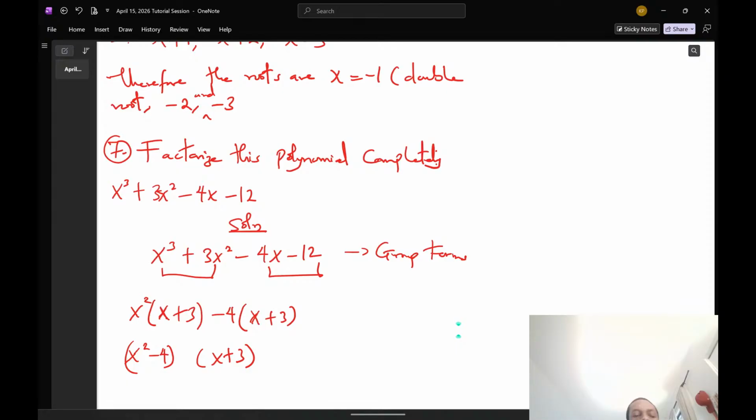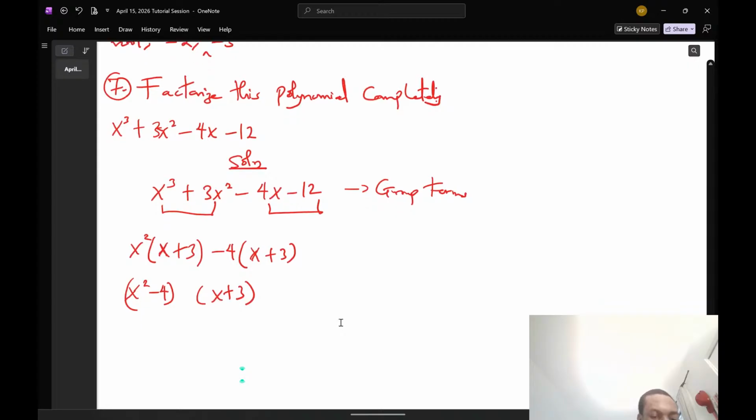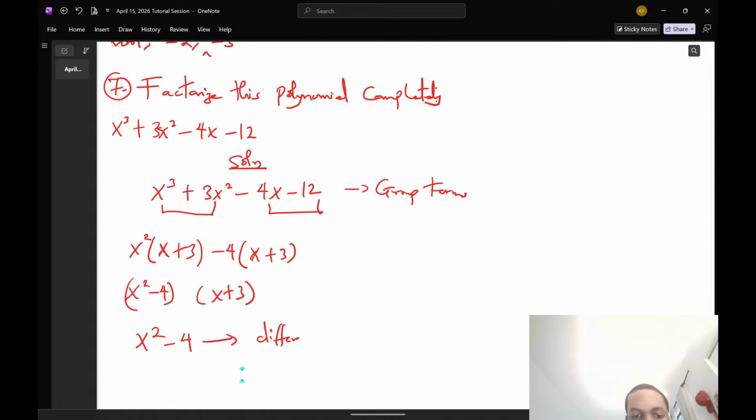So if we look at this x squared minus 4, we consider this an example of difference of two squares. Okay. So x squared minus 4 is a difference of two squares. So this is written as x minus 2 and x plus 2.